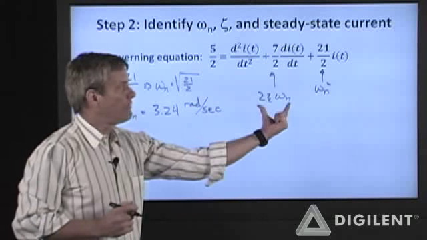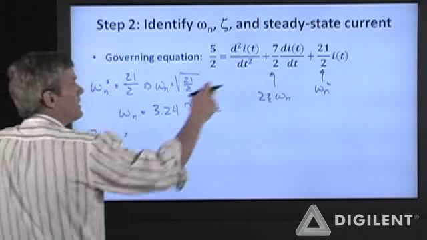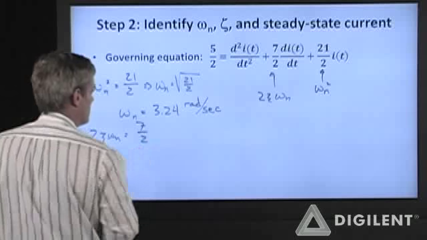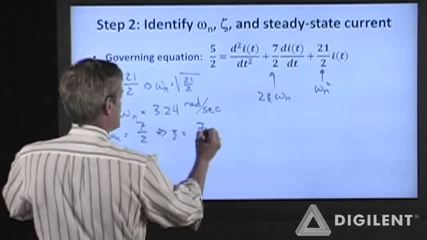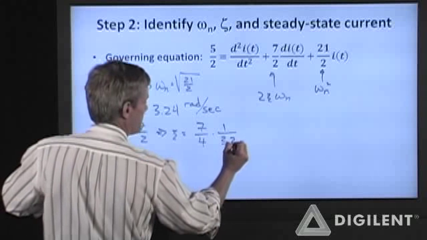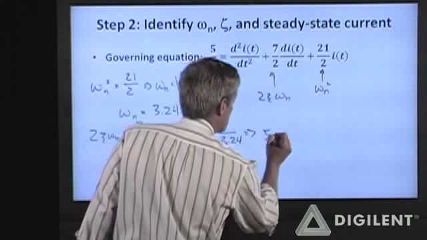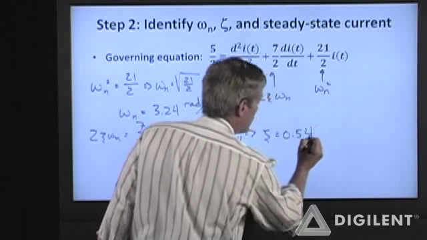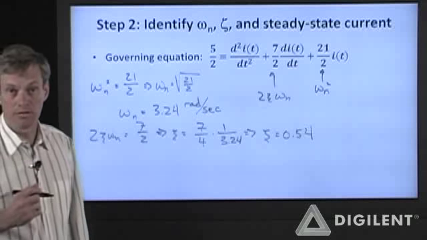Now we can employ the fact that 2 zeta omega n is equal to 7/2. So zeta is equal to 7 over 4 times 1 over 3.24, which turns out to be 0.54. Damping ratio doesn't have any units associated with it.